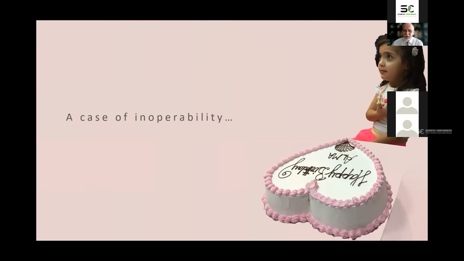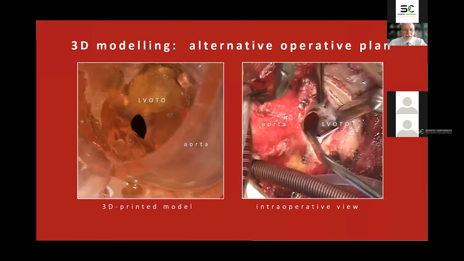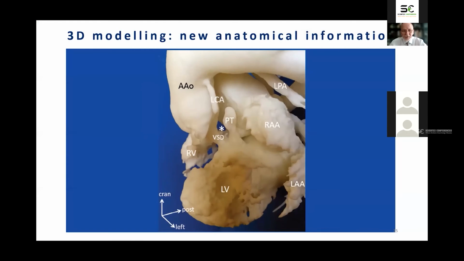we could print a model, and the model could offer some insight into the anatomy and give us some hint where we could do a surgical procedure without jeopardizing complete heart block, or other, again, disastrous consequences. And this patient went for surgery and the life was saved.